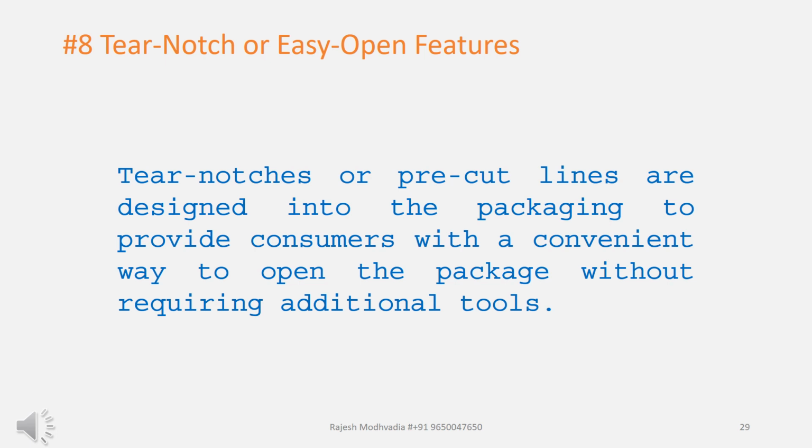Number 8. Tear notch or easy open features. Tear notches or pre-cut lines are designed into the packaging to provide consumers with a convenient way to open the package without requiring additional tools.